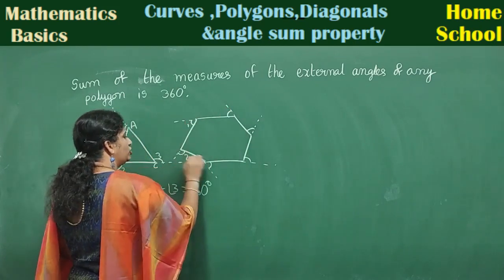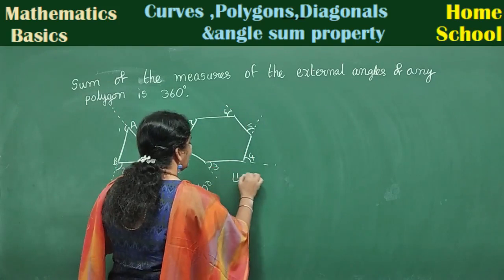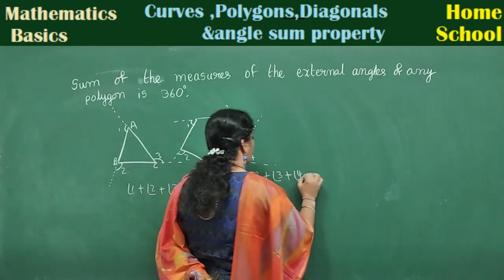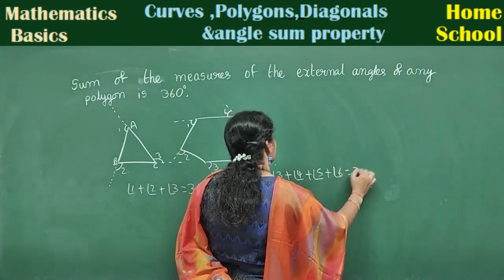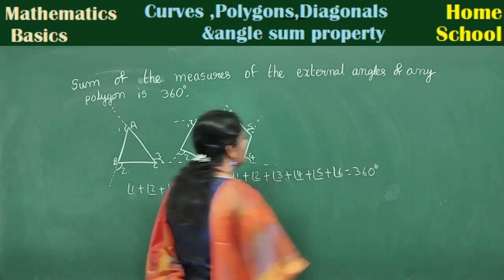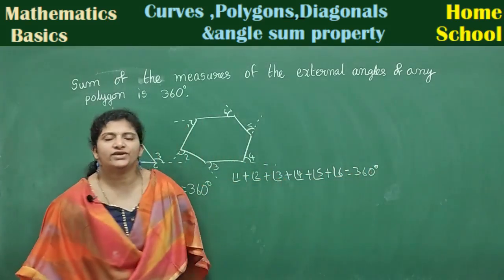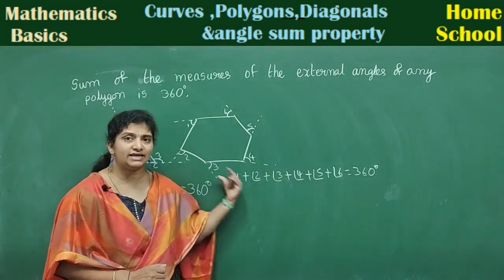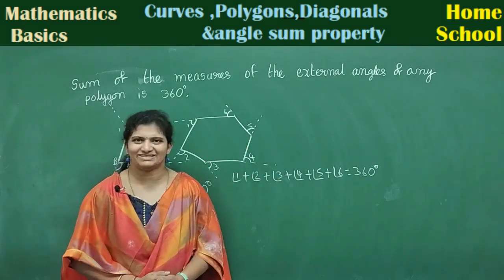If I write 1, 2, 3, 4, 5, 6: angle 1 plus angle 2 plus angle 3 plus angle 4 plus angle 5 plus angle 6 is equal to 360 degrees. The sum of the exterior angles of any polygon is equal to 360 degrees.